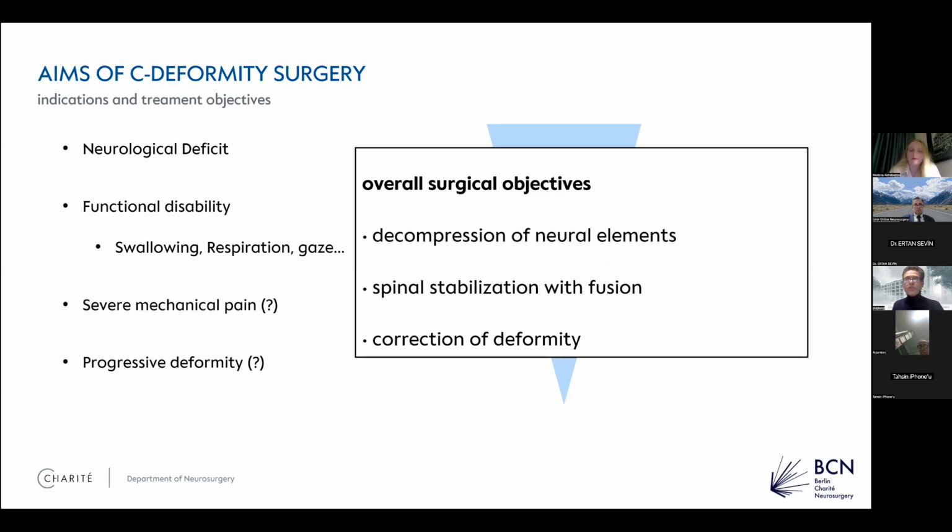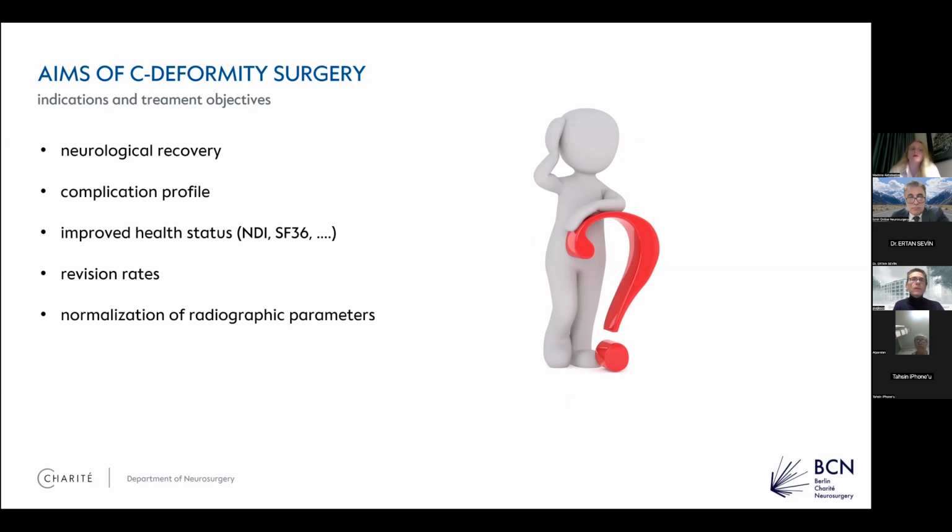The overall objectives would be to decompress, obviously, to stabilize and fuse, and then to correct the deformity. And I think this is a major point of discussion, and it's still a controversy, how much to correct the deformity. And how do you assess the patient, and what are the treatment objectives? Are we going for neurological recovery?